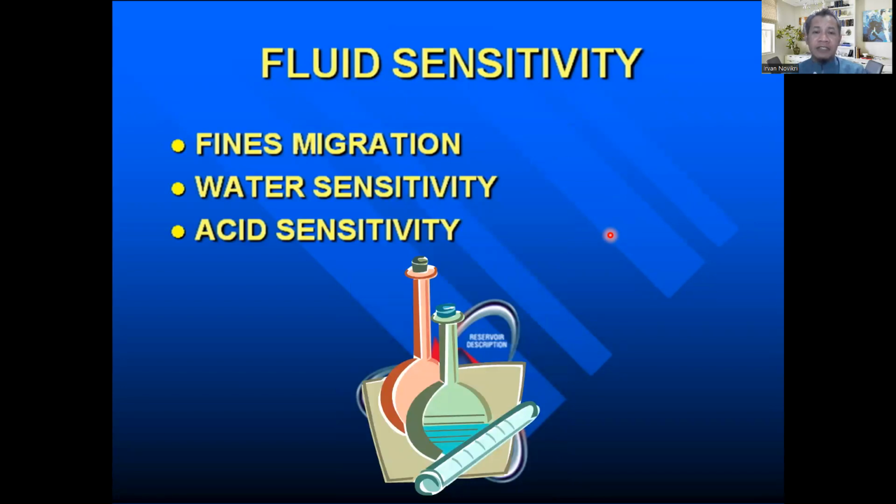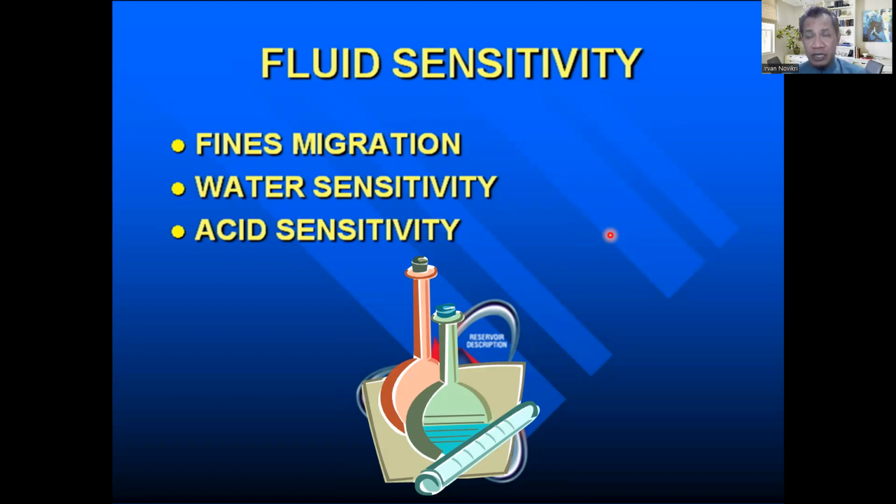In the context of reservoir quality and fluid sensitivity, fluid sensitivity itself can be categorized into three main areas. First, fine migration. Second, water sensitivity. And the last one is acid sensitivity.